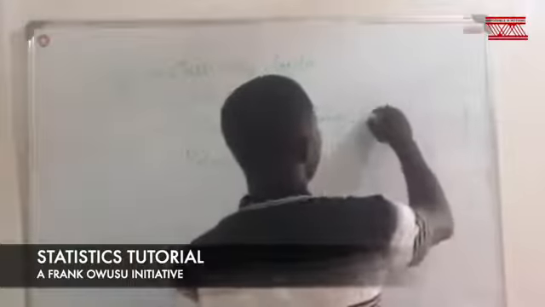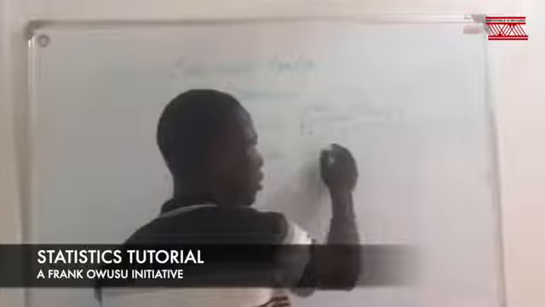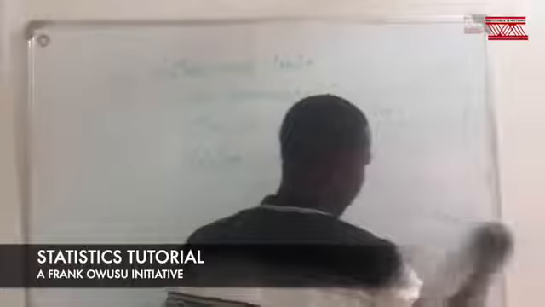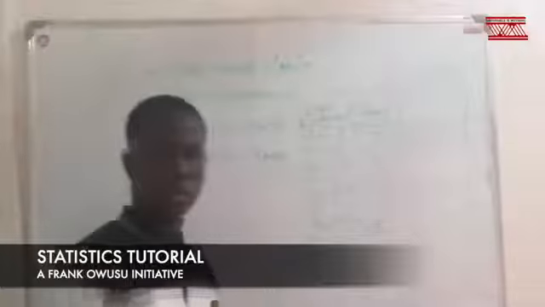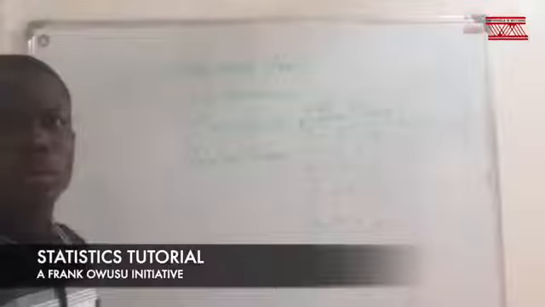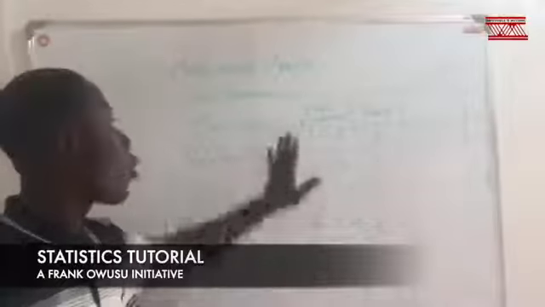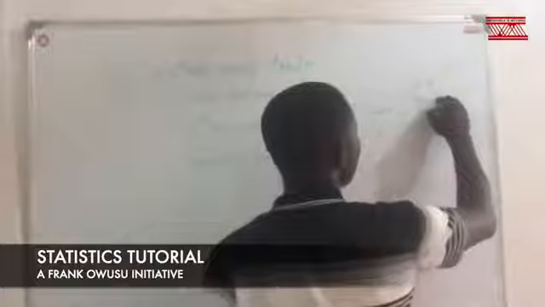So for the frequency, the frequency of the first class interval is, let's say, 2. The second one is, let's say, 3. The fourth one is, let's say, 5. And the fifth one is, let's say, 8. So if we are asked to find the relative frequency of this distribution, that's the relative frequency.